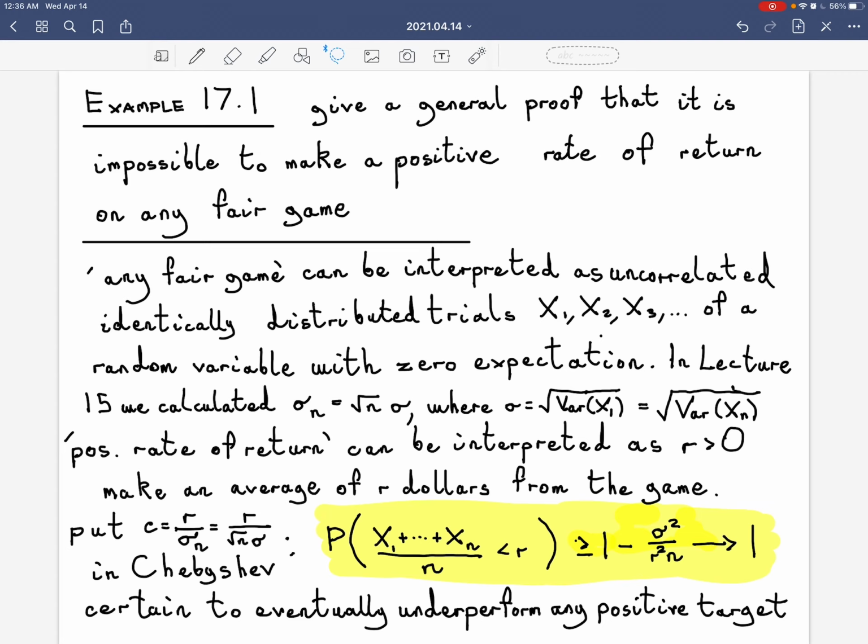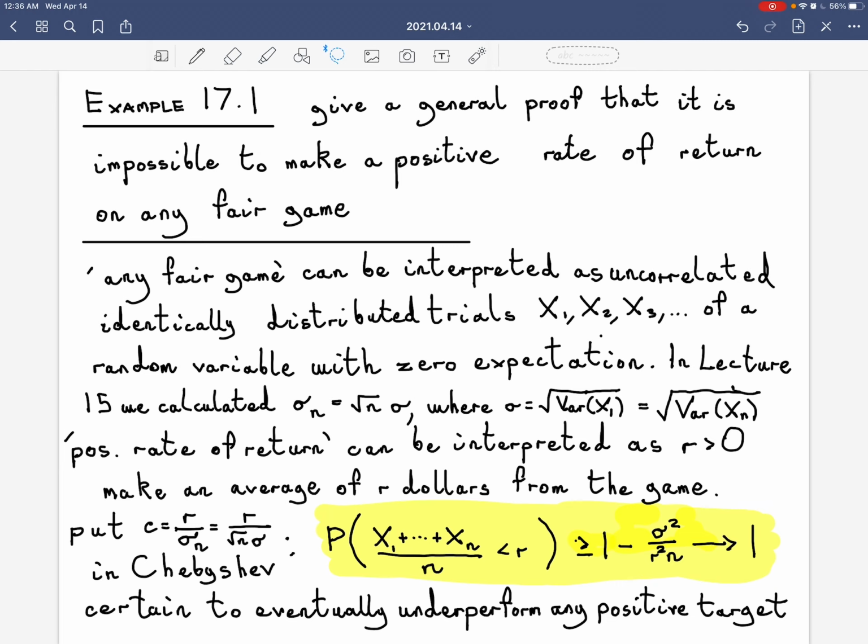So it's like you think the random variable is some phenomenon that's happening every second or every minute or every hour, and a positive rate of return means you can expect this thing to produce money at a consistent rate over time. And if you don't have a positive rate of return, you can't expect it to produce consistent profit.